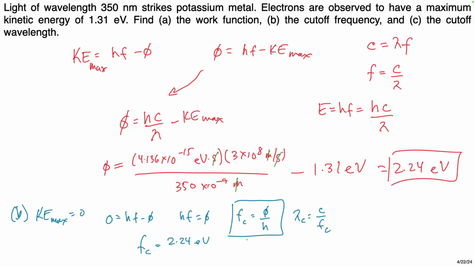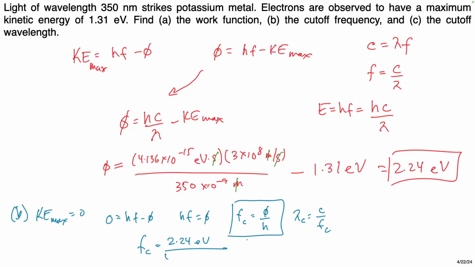Since that's my work function. And then what form of Planck's constant am I going to divide by? Look at the unit. Joules times seconds or eV times seconds? eV, right? I've got a work function in electron volts.